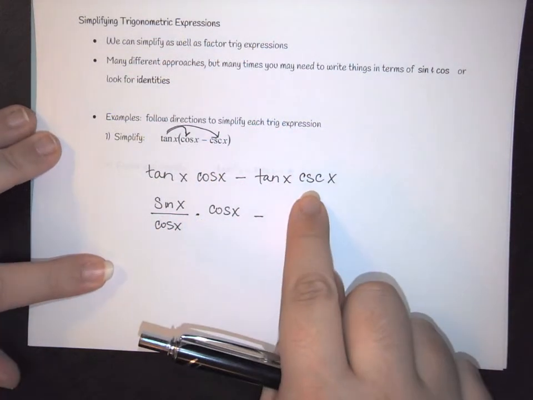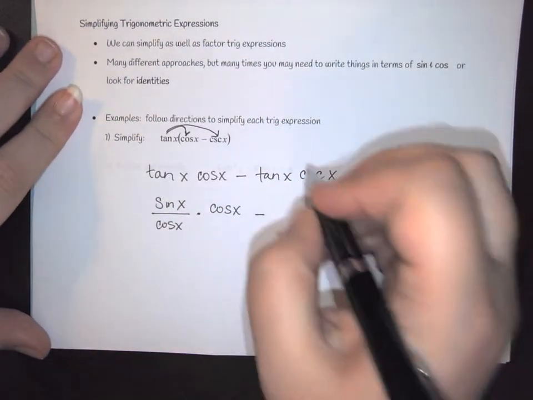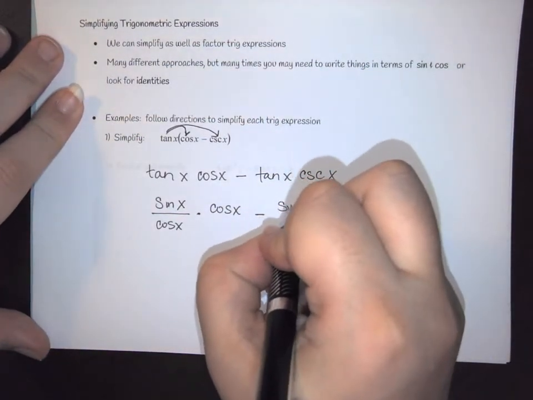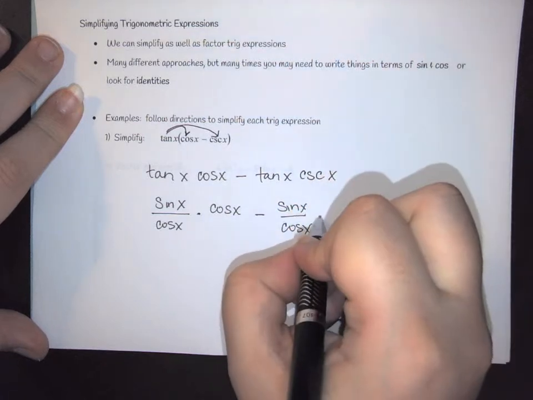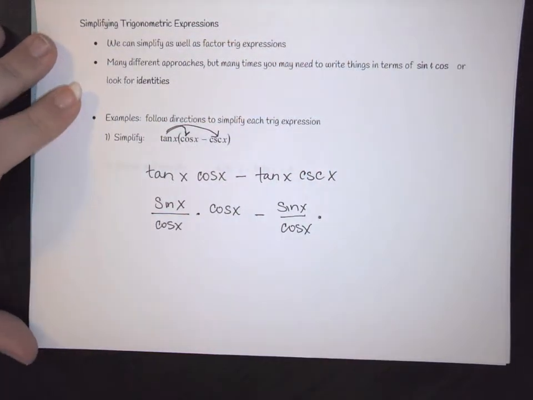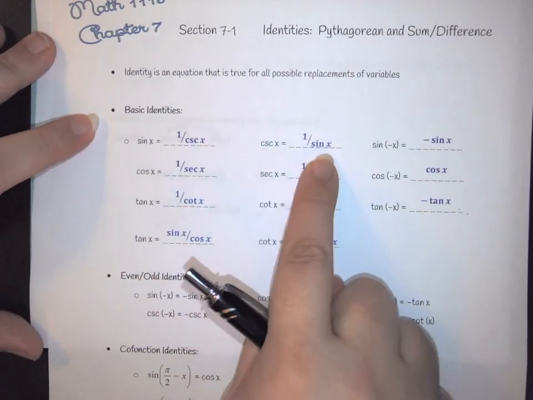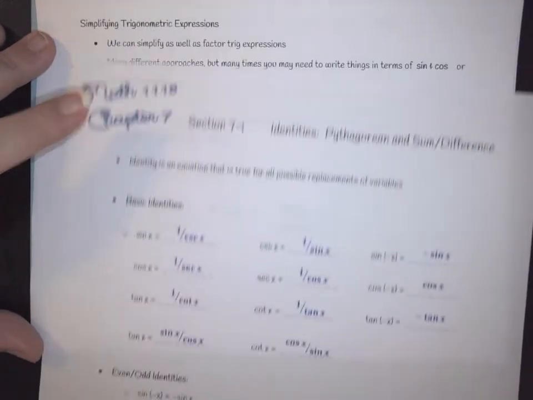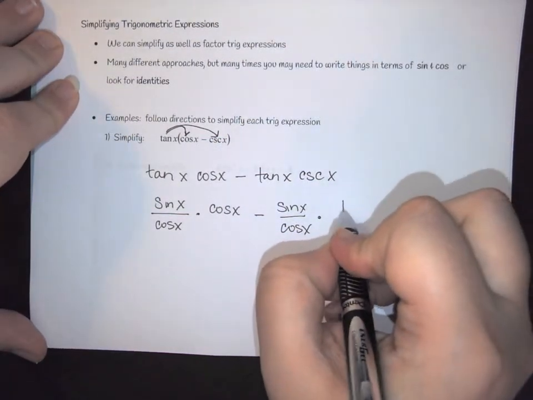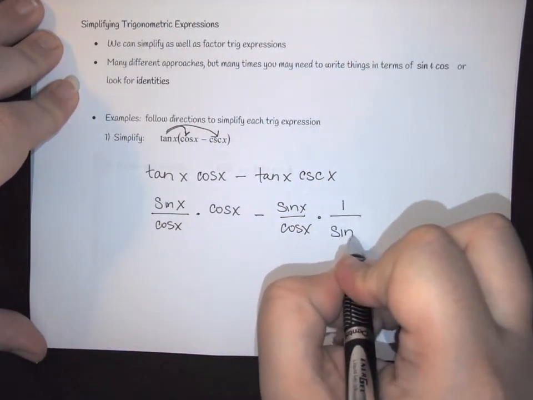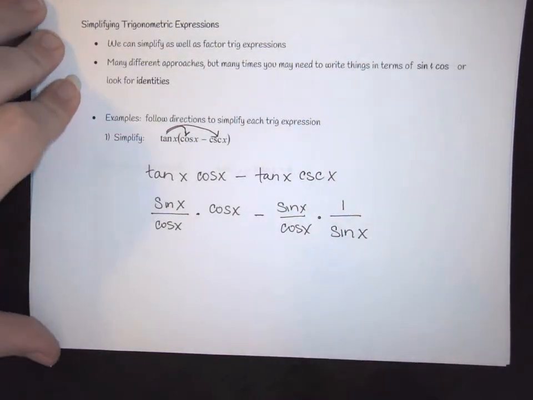And then here I have a cosecant, so I would still write my tangent as sine of x over the cosine of x, because my cosecant can be rewritten. If we look again at your identity, the cosecant can be 1 over sine. So if I rewrite my cosecant here as 1 over the sine of x, what you should notice is that I can do some canceling.